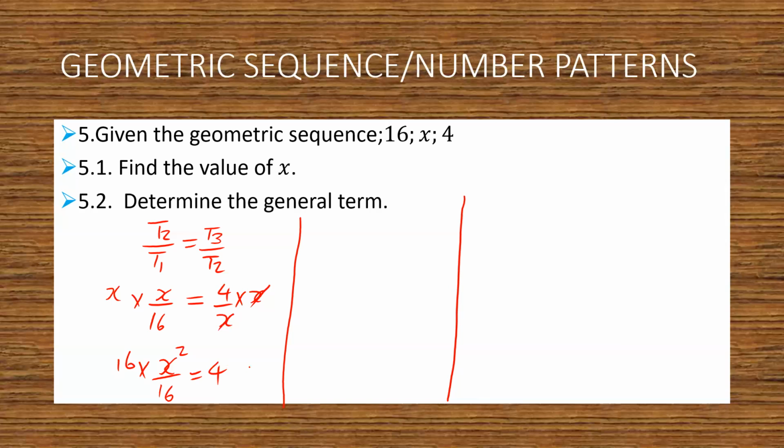All right. So x squared equals 64. And then obviously you're going to apply the square root. You do know that when you apply the square root, your answer will be plus minus, right? Yes. So what will be the value of x here?